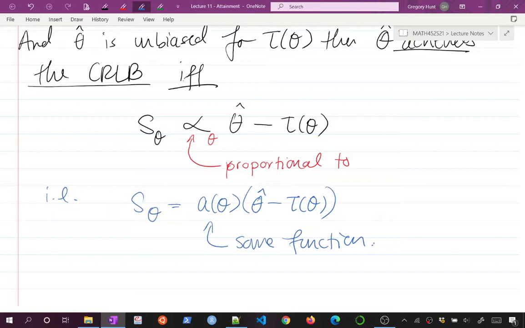It cannot involve the x's. So let me write that. Some function of theta, not the x's.